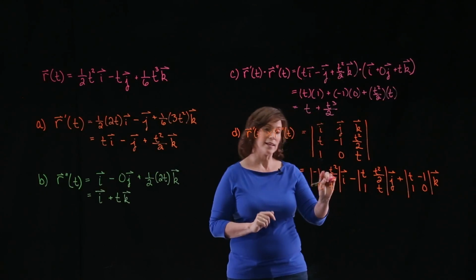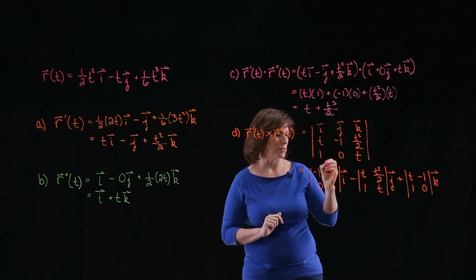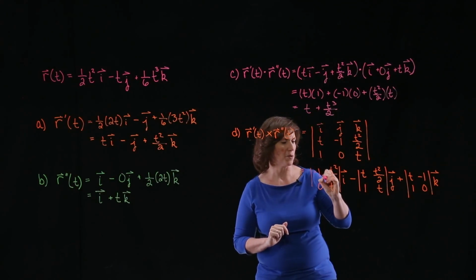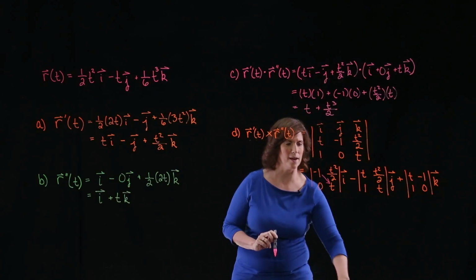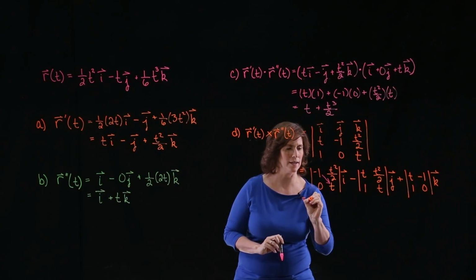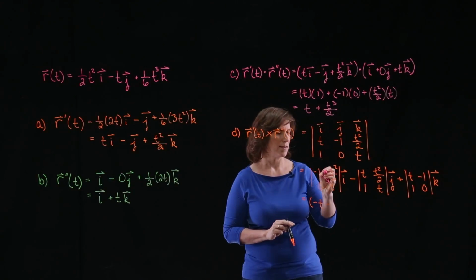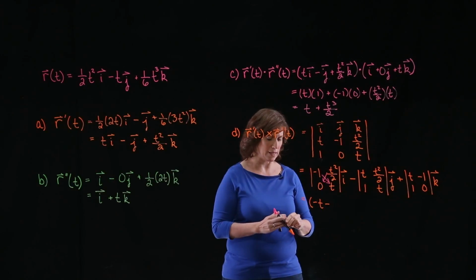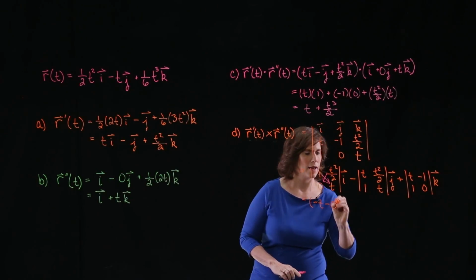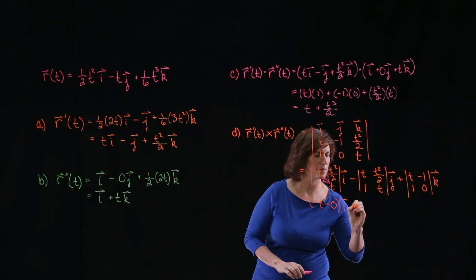Okay, now I'm ready to take the determinant of these smaller matrices. So the determinant here, if I cross this way, I will have a negative t, and then I'm going to subtract this product, which is going to be 0. And that's times vector i.